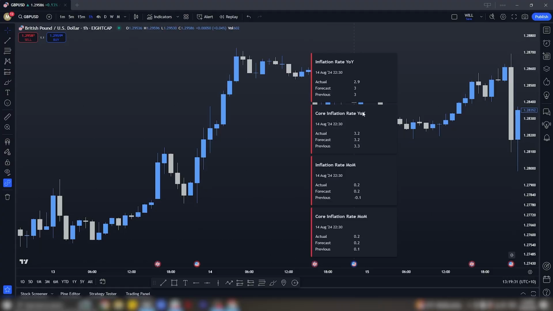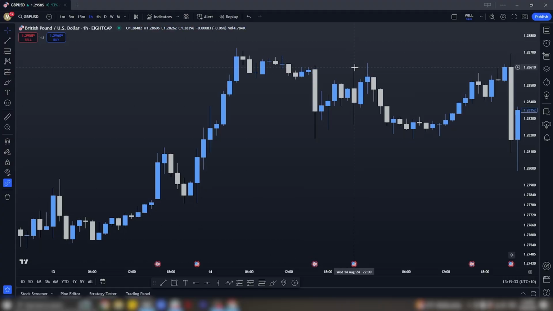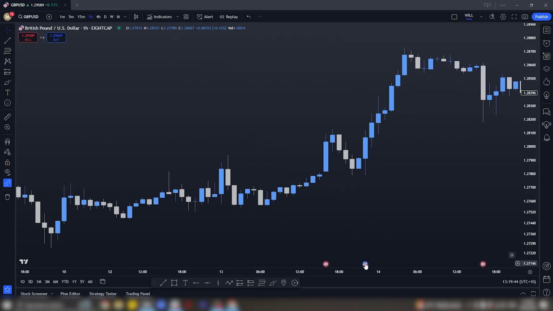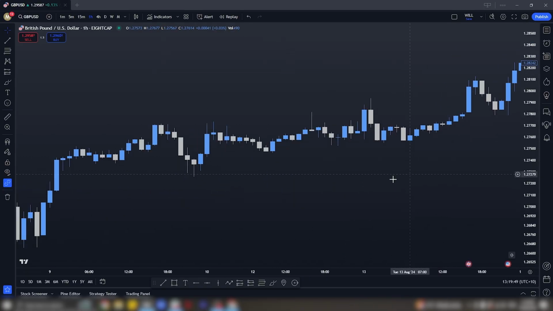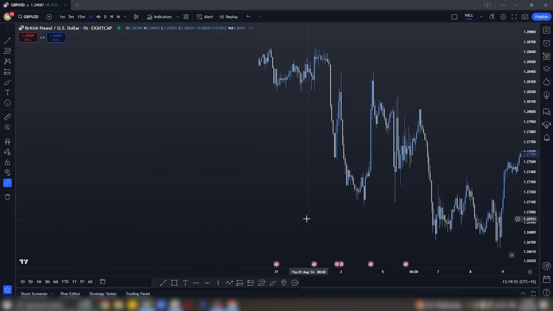So this move here would affect both Euro USD and GBP USD, or also currency pairs like AUD USD as well. We can scroll over to the left and look at all of these different effects that these catalysts have on the foreign exchange market.